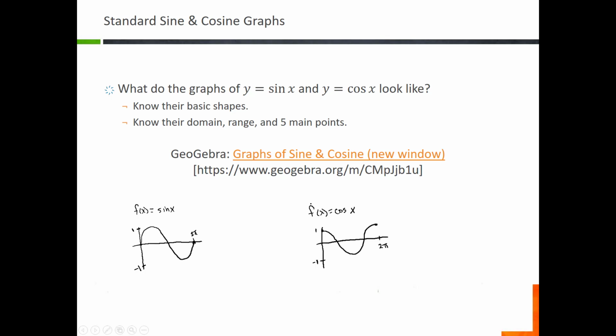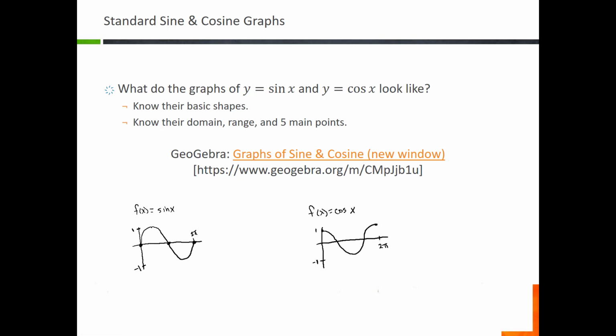And then there's 5, we talk about these 5 points. So for sine, the 5 points would be the starting point and the ending point, which are both on the x-axis, and then the middle point, which is where it also crosses the x-axis. So I have 3 places for sine where it crosses the x-axis. Where do you think the other 2 are going to be?